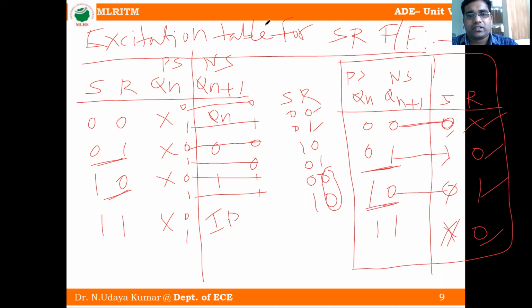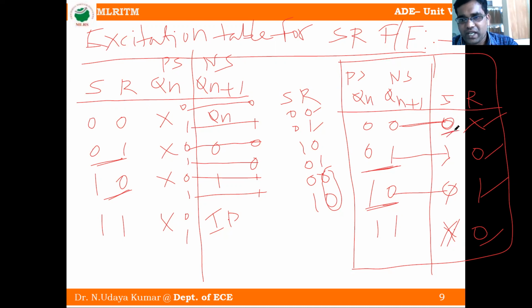Then what is the next step? The excitation table. The excitation table is also obtained from the basic truth table only. What do we mean by excitation table? We have to find the mandatory inputs for SR. So in the excitation table, for 0 0 the mandatory input is S equal to 0.